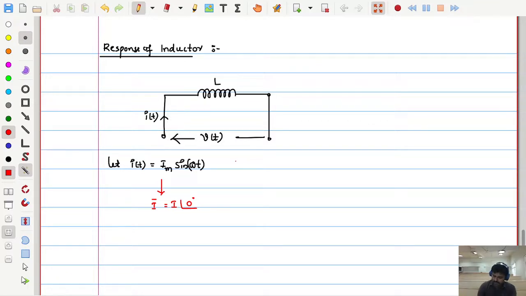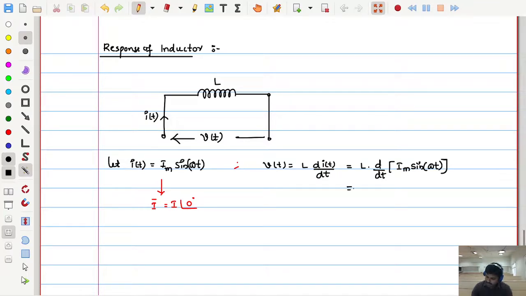Then, if you want, you can get here itself how much is the voltage. Voltage across the inductor is proportional to the rate of change of the current, that is L into di of t by dt. See how much we will get: L into d by dt of Im sine omega t.